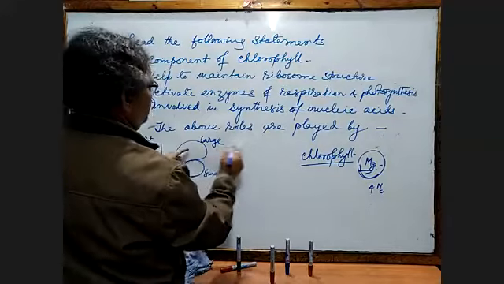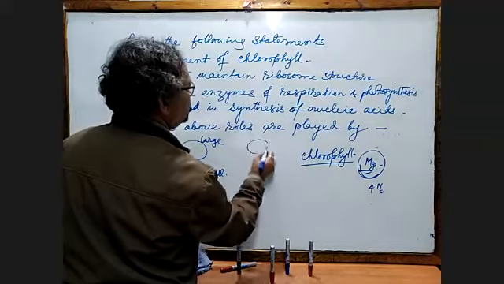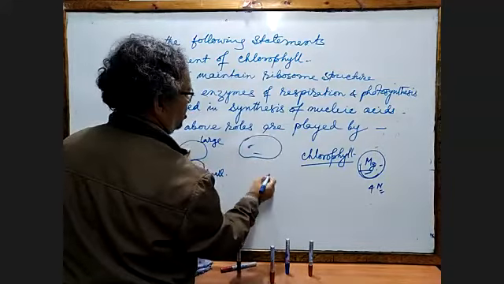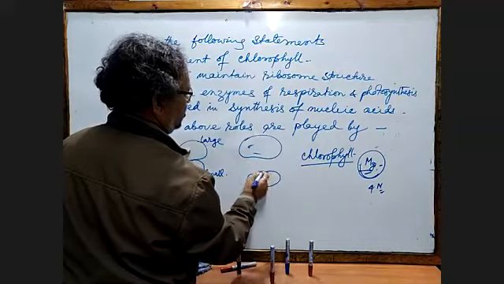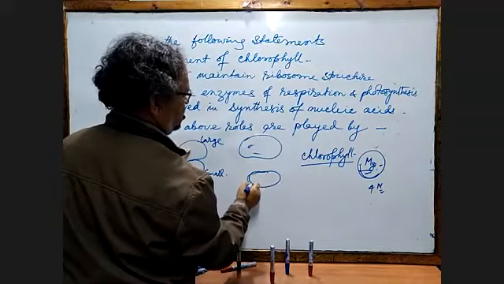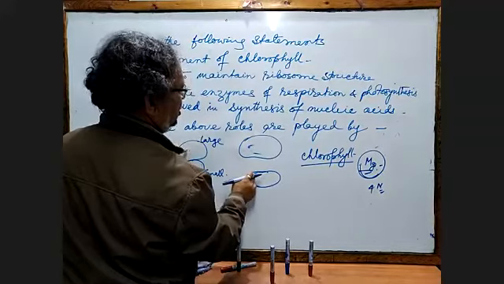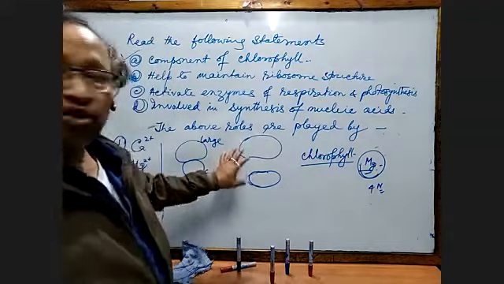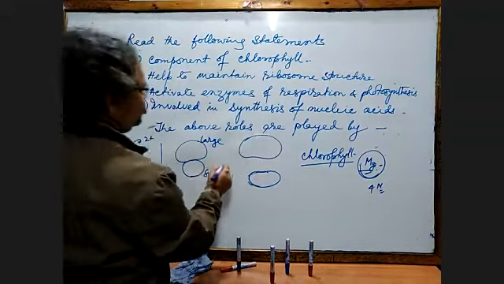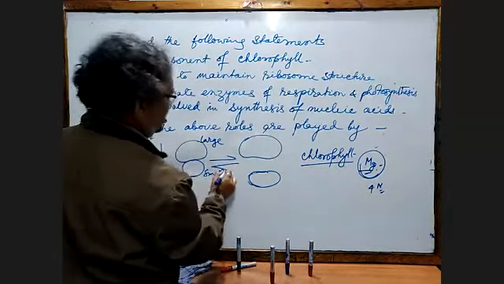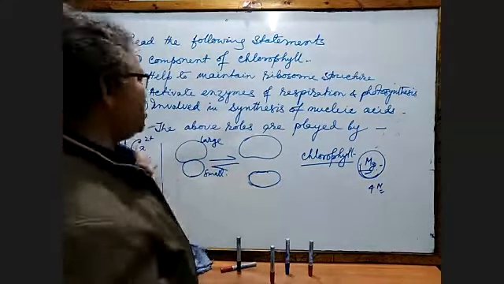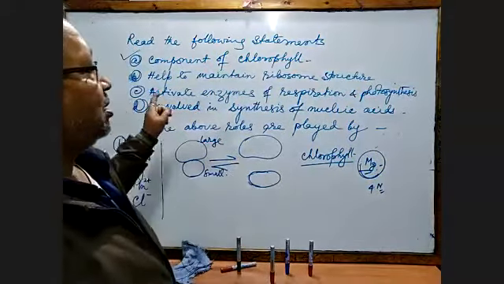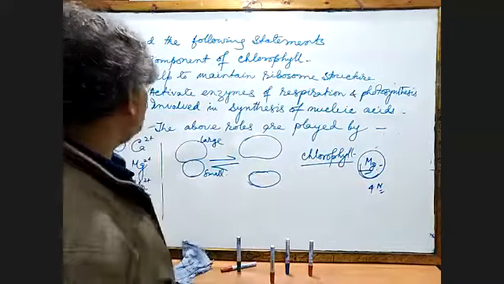This ribosome structure may change. These 2 subunits may associate and dissociate, separate and join together, and this is carried out by the concentration of magnesium.